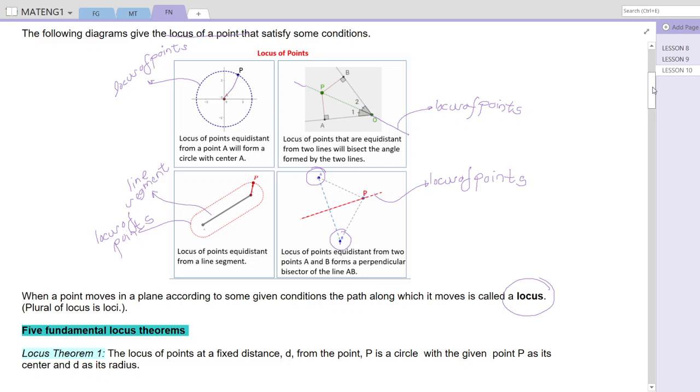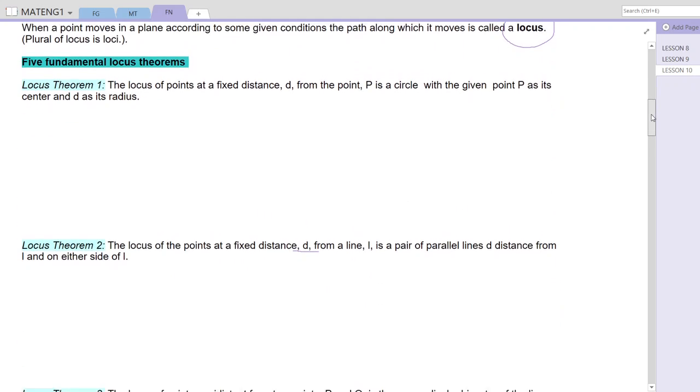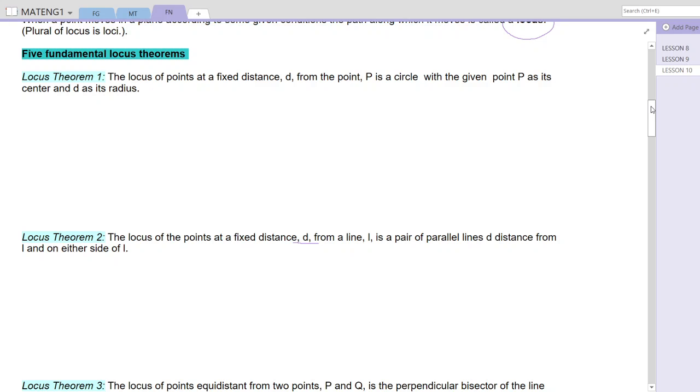Having that, we move on to the five fundamental locus theorems. We have five here. For the first one, locus theorem 1: the locus of points at a fixed distance d from the point P is a circle with the given point P as its center and d as its radius.